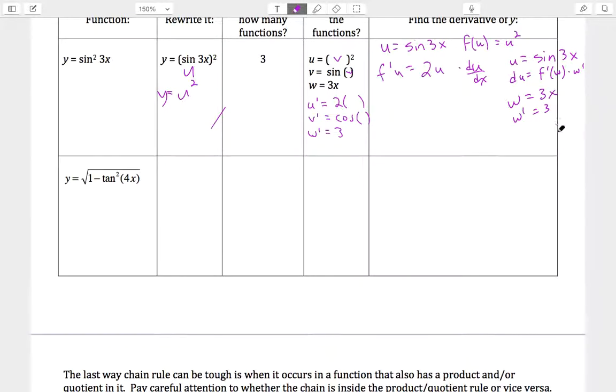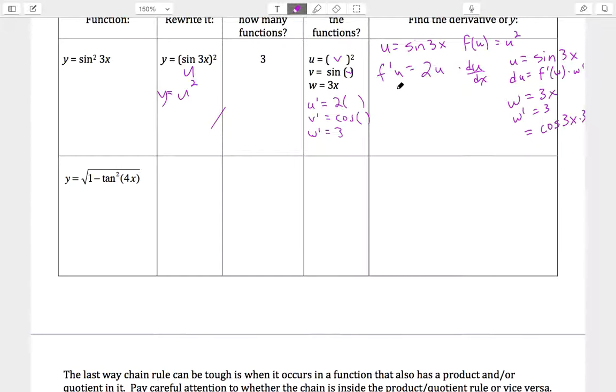You're good? Okay. So then this would be f prime, right? So we're going to do this cosine 3x times 3, because that's the derivative of this chain, because it's cosine. So you're just linking them all together.